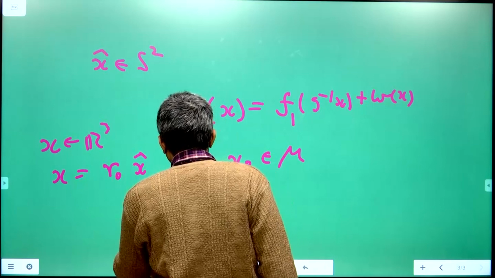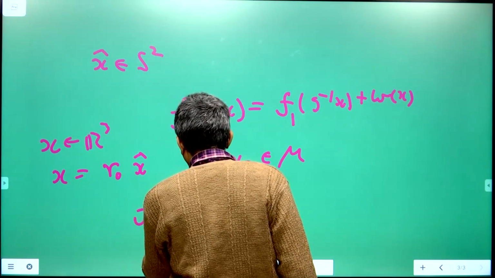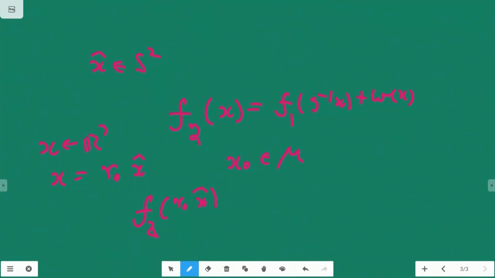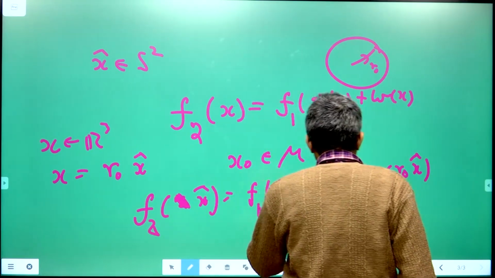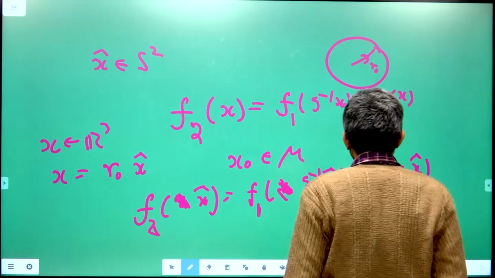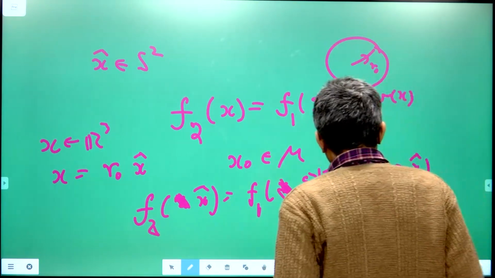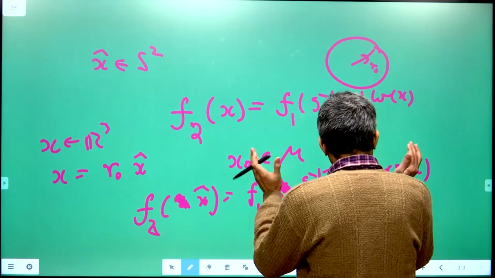So you can write your F2 of R0 x cap as F1 of R0 G inverse x cap plus W of R0 x cap. That means I am confining my attention to the surface of a sphere of radius R0, and from this I can absorb R0 into the definition of the image. So I can remove this R0 and consider everything to be taking place on a sphere of radius R0, or equivalently on a sphere of unit radius.